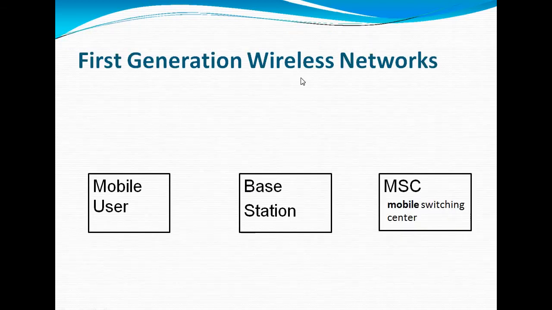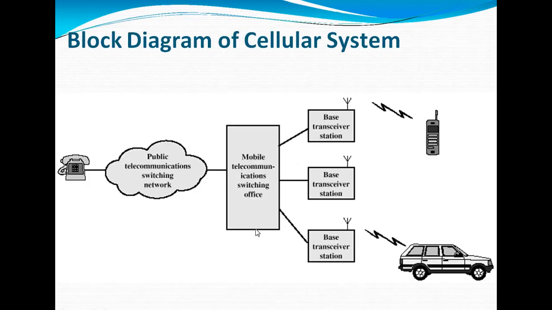So let's start the generations of wireless network. In the first generation we use mobile phones, which are used by the users. These mobile users are related with their base stations, and these base stations are correlated with their mobile switching center. The first generation is based on our block diagram.